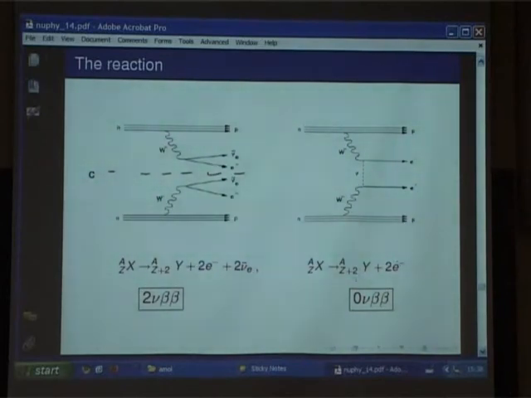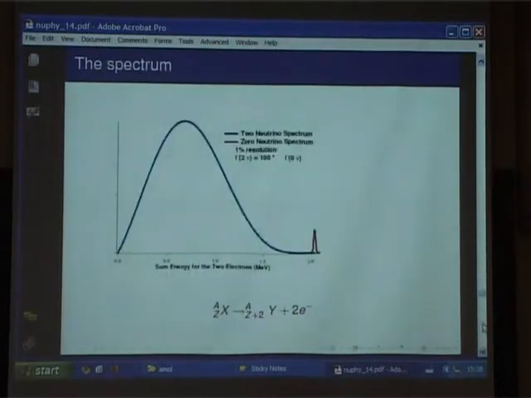What this means is that the difference in the masses of X and Y simply comes out as kinetic energy. So you just get a peak. If you look at the sum of the energies of these 2 electrons, it will be constant.